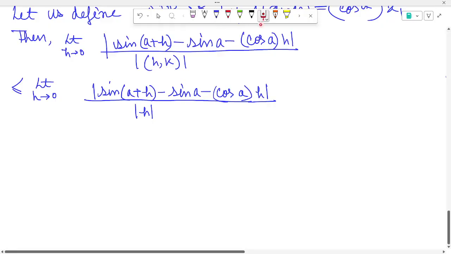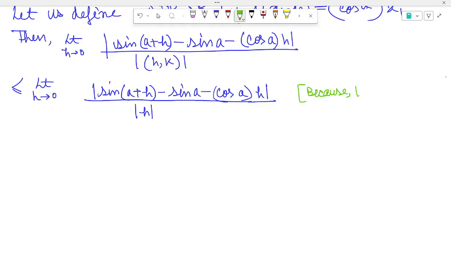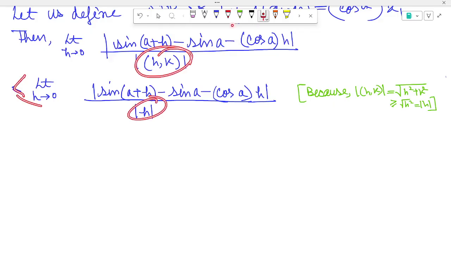So what had happened? In the denominator, you can assume this is h square plus k square. In the denominator I have reduced the thing, so the fraction will be increased.